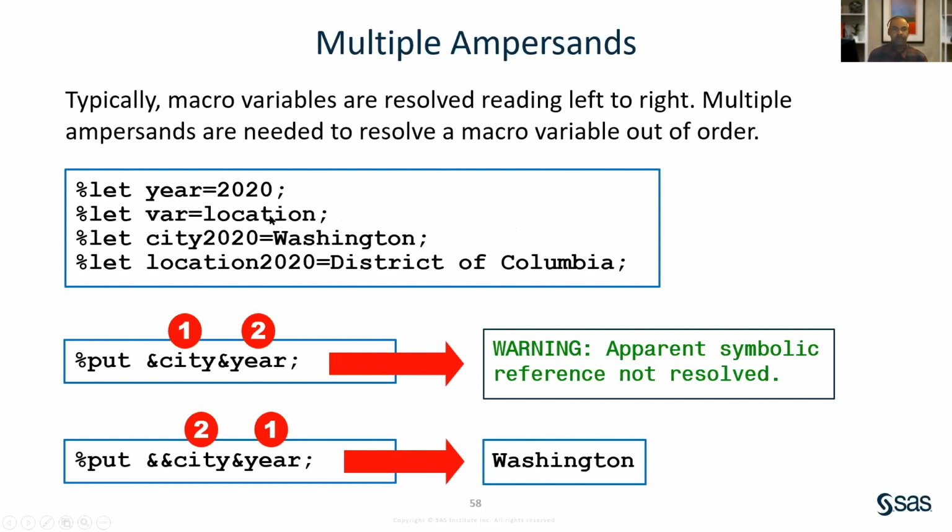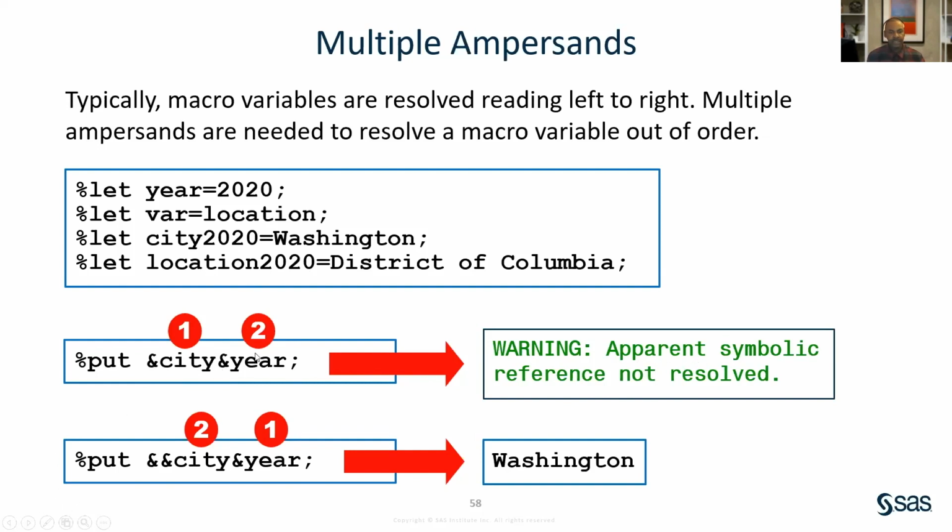Here's a perfect example. Let's say we have these 4 macro variables: year, var, city2020, location2020. Adjacent macro variables, ampersand city and ampersand year, you get an apparent symbolic reference not resolved because there is no macro variable called city. There's a city2020, but no city. That's why you received a warning. Let's try it again.